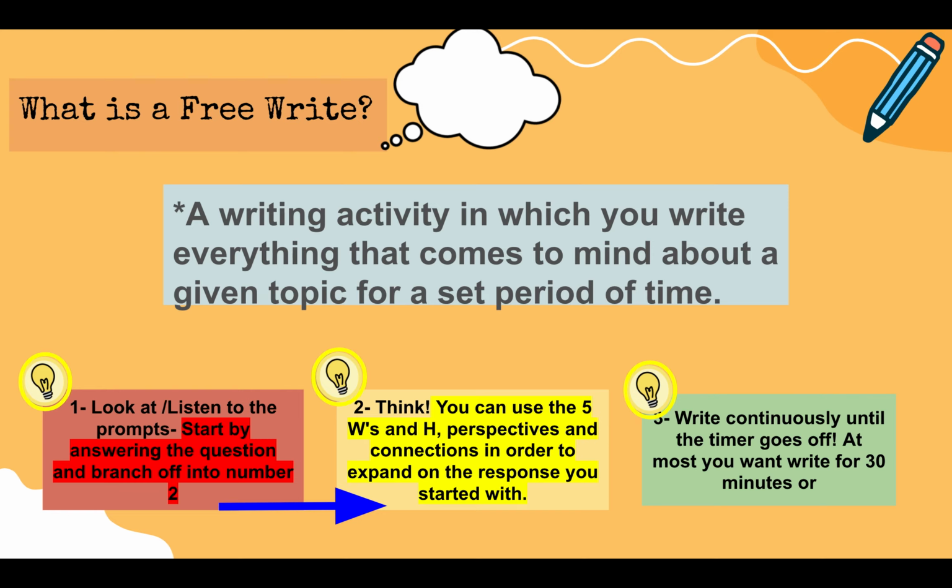How does my perspective differ from their perspective? How does this topic connect to this other thing? You want to be able to twist and turn and expand on your response as much as possible. And then you're writing continuously until a timer goes off. And at most, you want to be doing a Freewrite for 30 minutes.